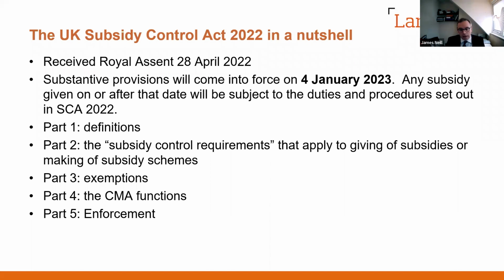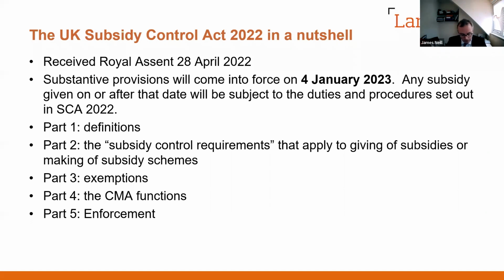Now, how is the architecture of the Act set out? It's actually a fairly clear piece of legislation in terms of its framework. Part 1 contains the definitions. Part 2 is the key part that contains what's referred to as the subsidy control requirements that apply to the giving of subsidies or the making of subsidy schemes.